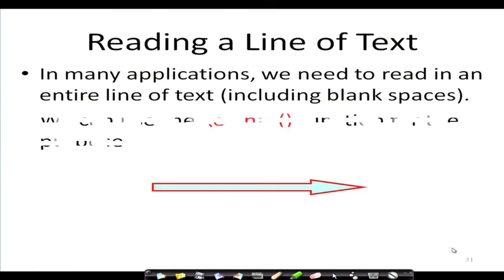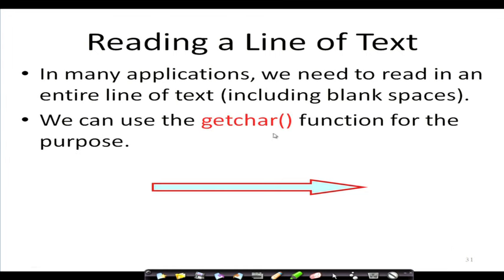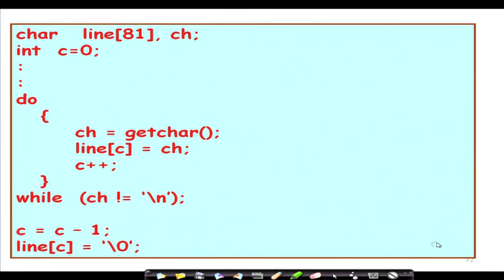In order to do that, we can use the getchar function for the purpose. By getchar, we will be getting the characters one after another, and I will go on getting the characters till I come to a character that is carriage return, designating that it is the end of the line. For example, here a line has been defined to be of maximum length 81.